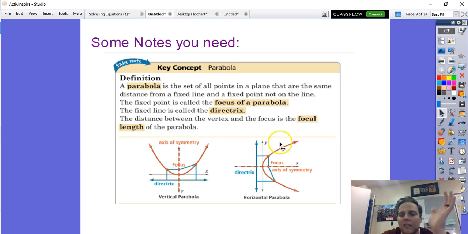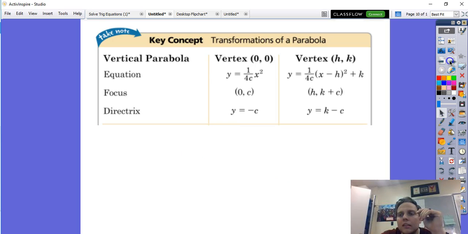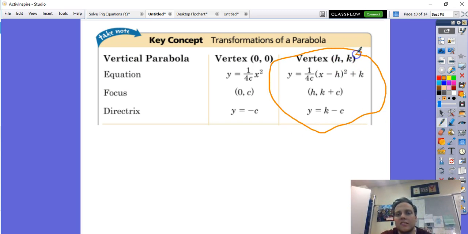Why do we care about that? Why is that important? Well, because of all these beautiful equations we get to make. Now, truthfully, in my class, we focus mainly on this set right here. So I would write down everything, but this is stuff I'm going to refer to the most.